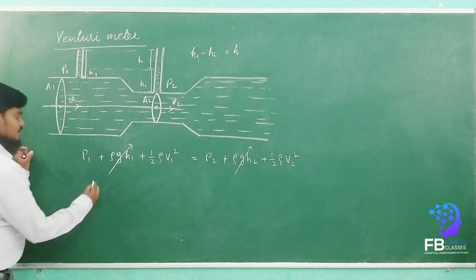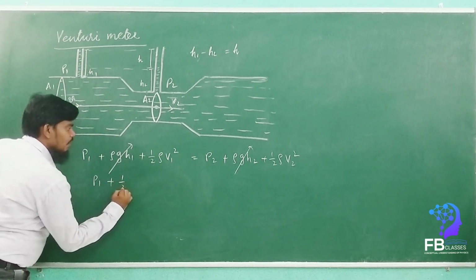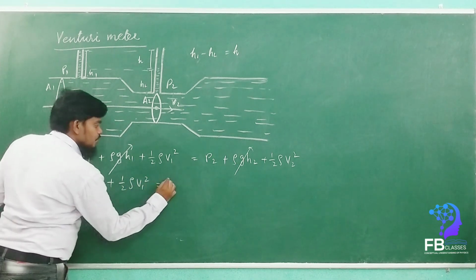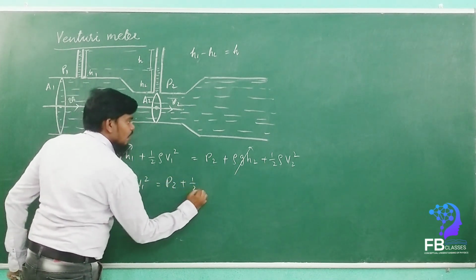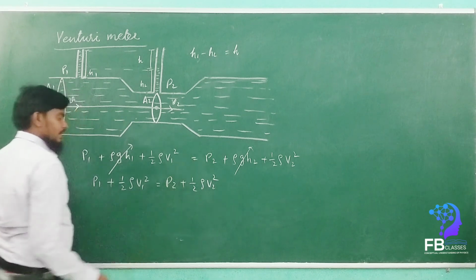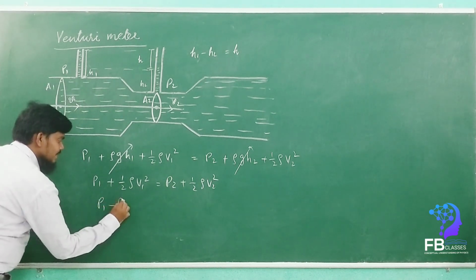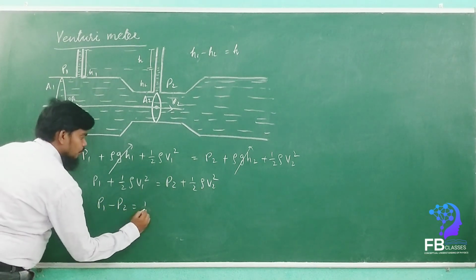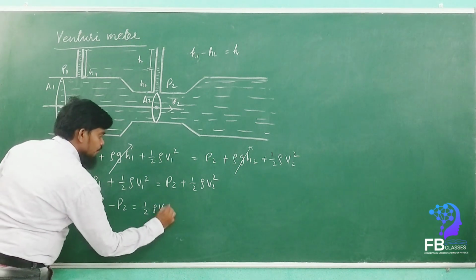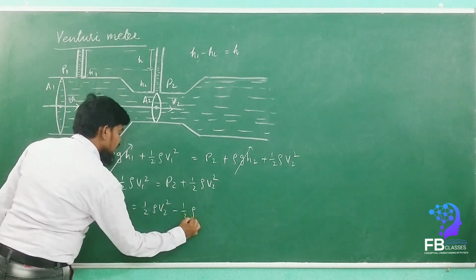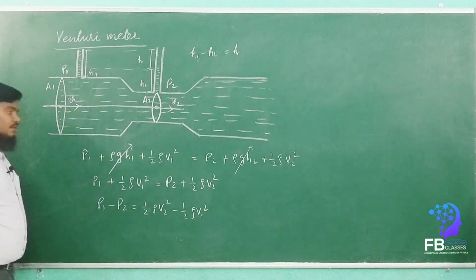The remaining terms are P1 plus half rho V1 square is equal to P2 plus half rho V2 square. Now P1 minus P2 is equal to half rho V2 square minus half rho V1 square.